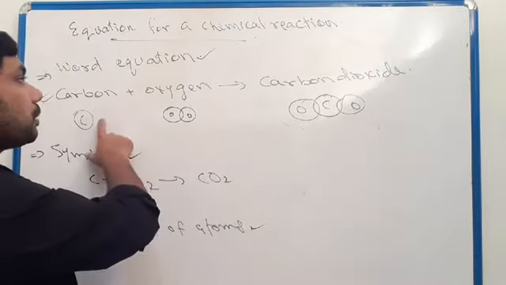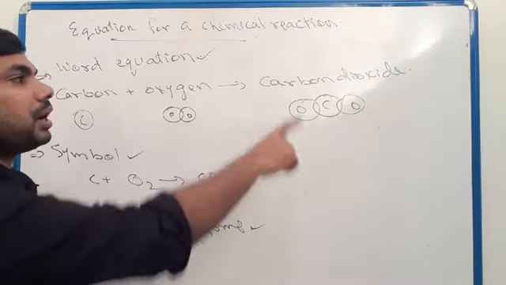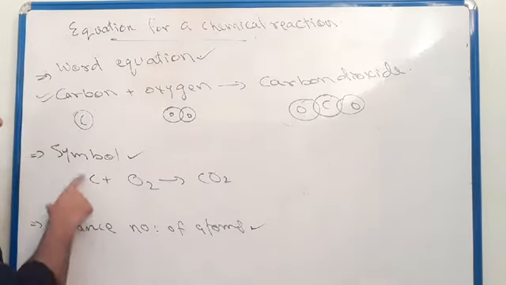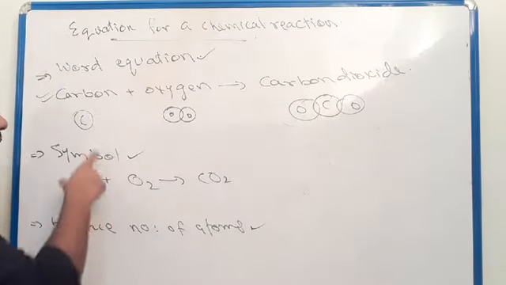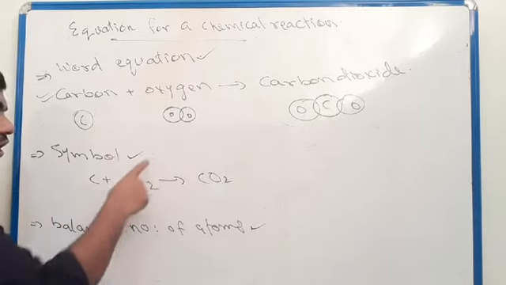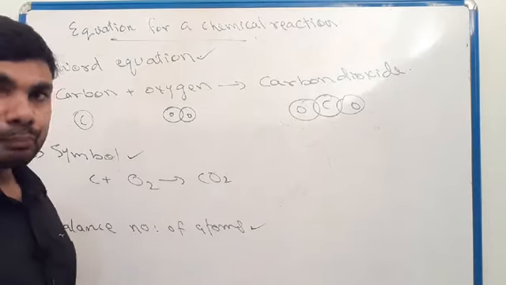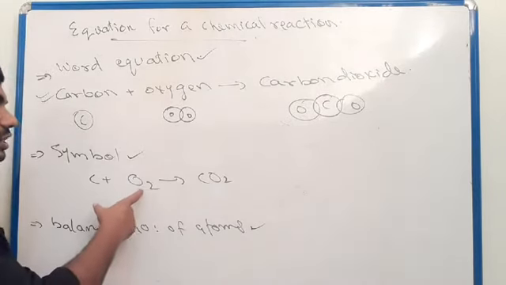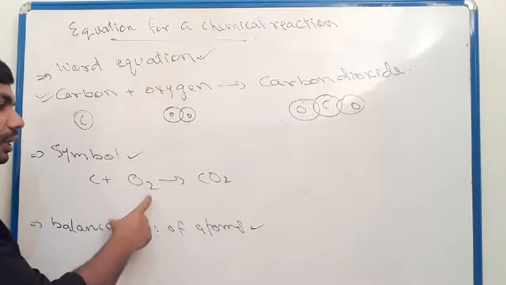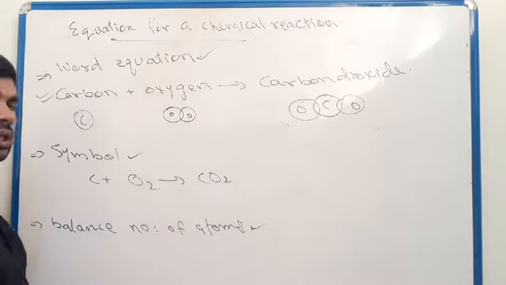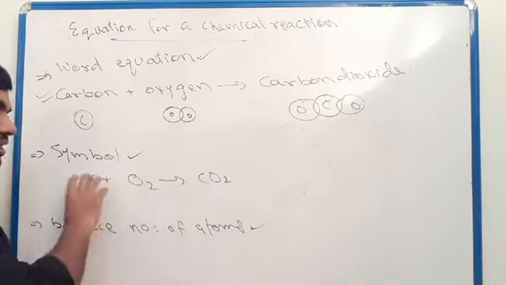So here carbon reacted with oxygen to form carbon dioxide, that is the word equation, and this is the symbol equation: carbon symbol C, oxygen O, and carbon dioxide formula CO2. Oxygen is diatomic, so that's why here 2. So this is the chemical equation: C plus O2 gives CO2.